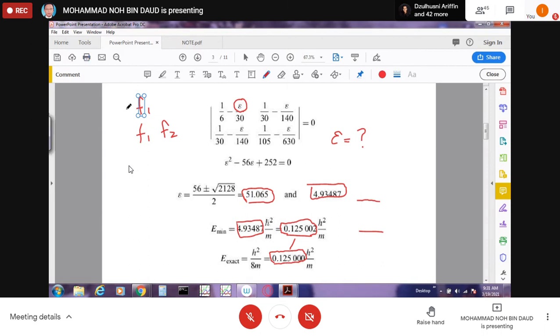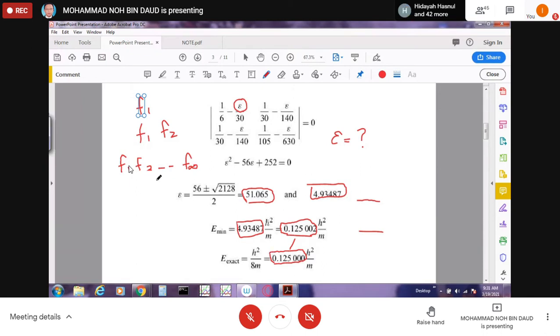So we can say, if we are able to include these basis functions up to an infinite number of basis functions, theoretically we will get the true energy.